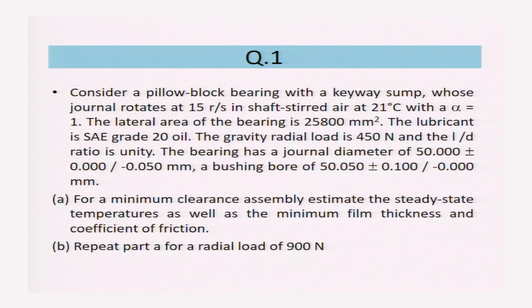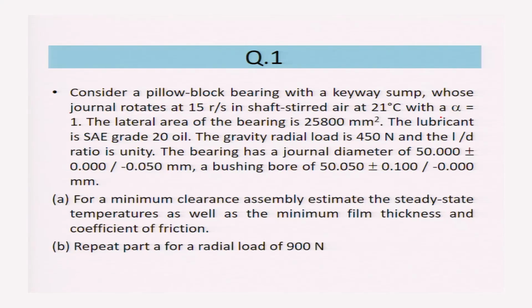Now, let us see one example for the self-contained bearing, and we will see how the initial fluid film temperature is selected, and by comparing the heat generation and heat loss, the final value of film temperature and the Sommerfeld number is determined. So, let us see this problem. Consider a pillow block bearing.